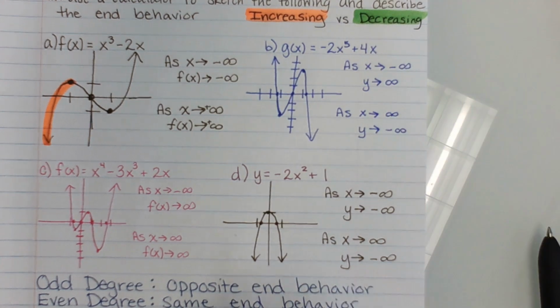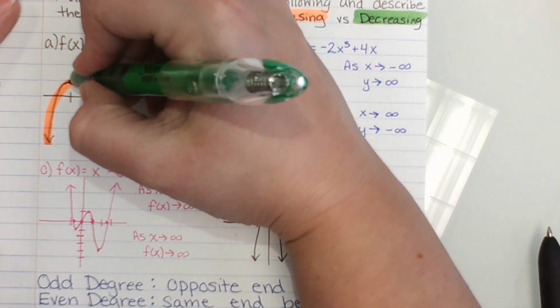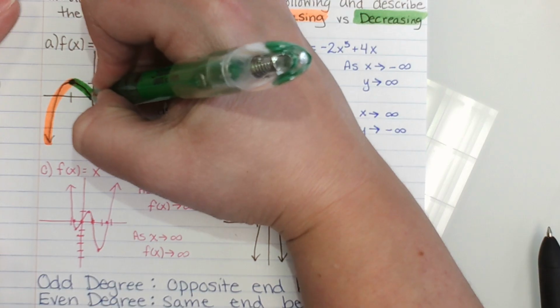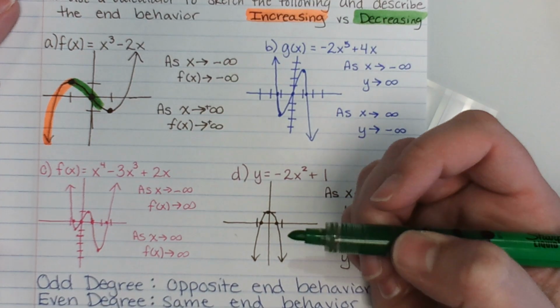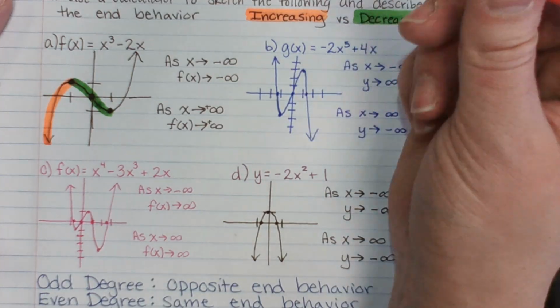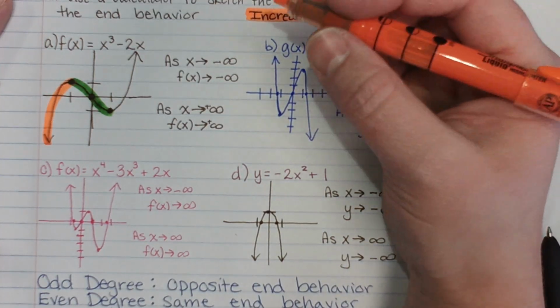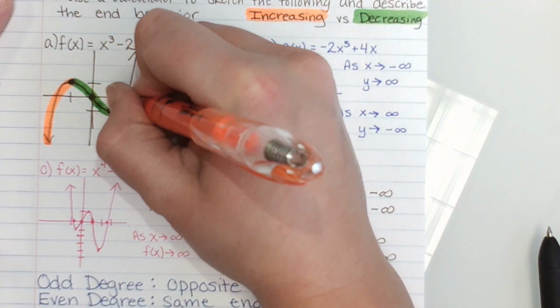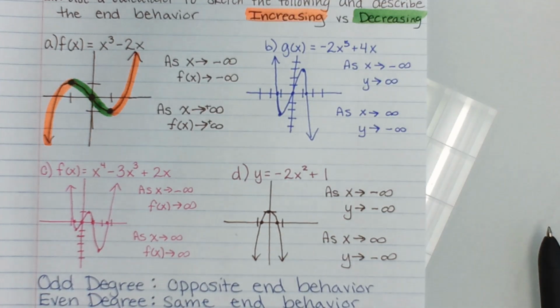That's increasing. All of a sudden after that it's decreasing. Where does it stop decreasing? When it gets to the relative low point, the relative minimum. After that it goes back to increasing.